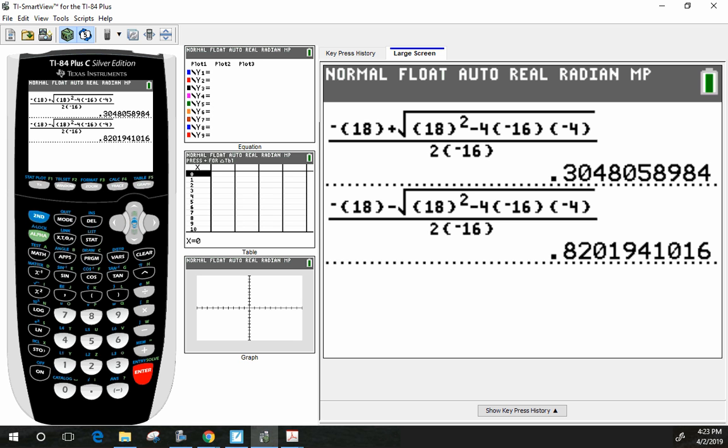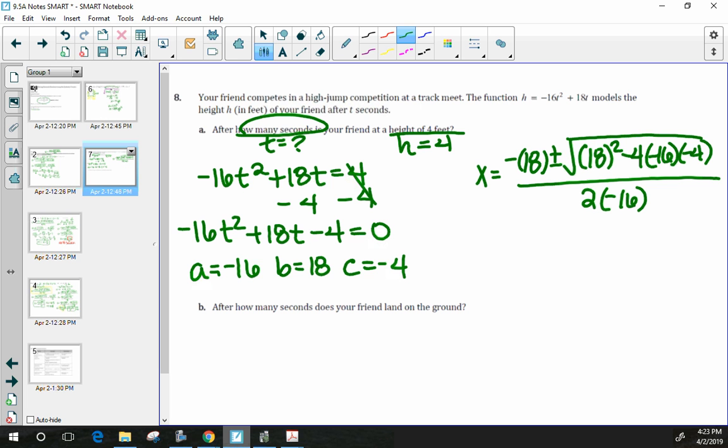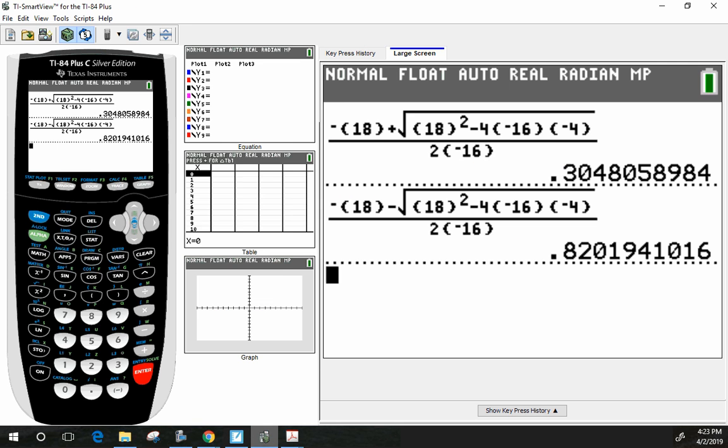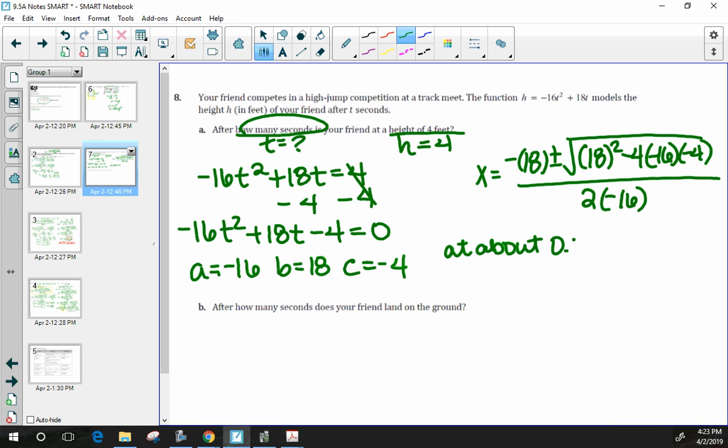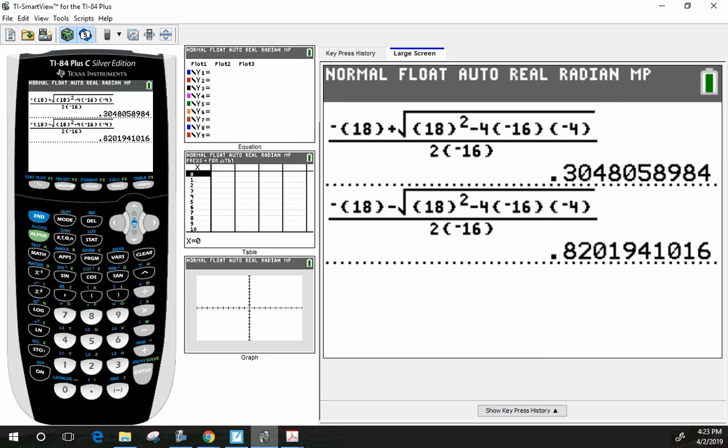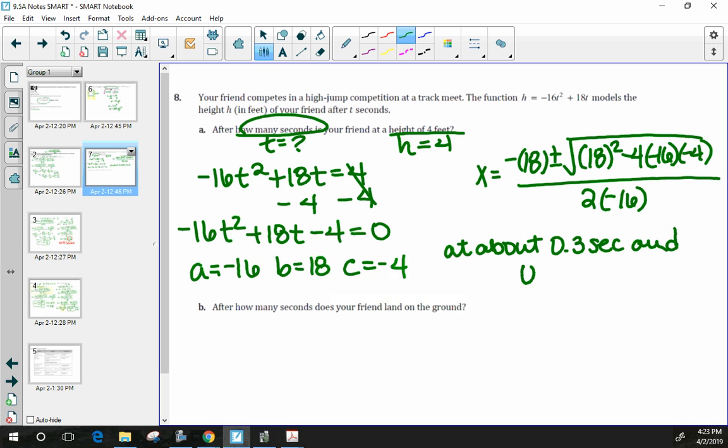So our answers are approximately, so my friend hits 4 feet at about, what was that, 3/10 of a second? And again, after about 0.8 seconds.